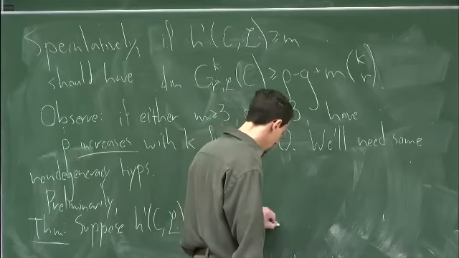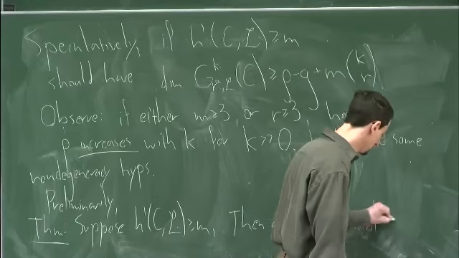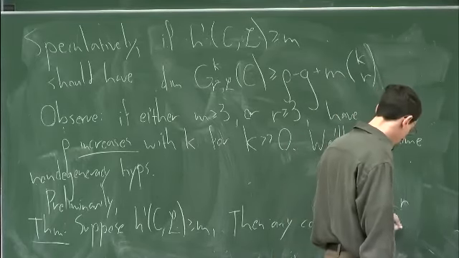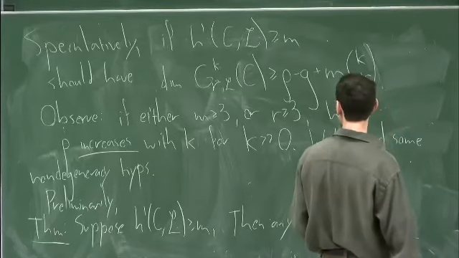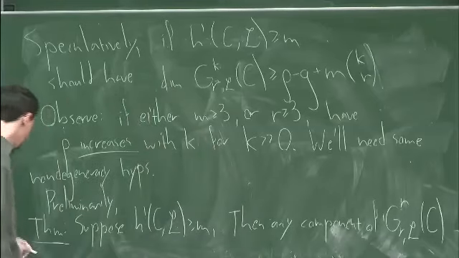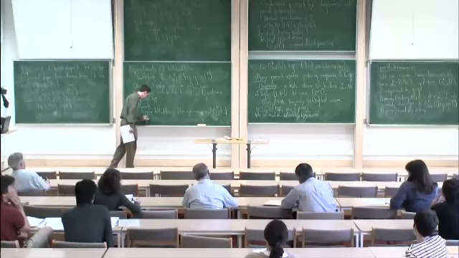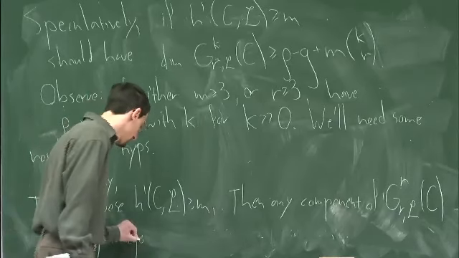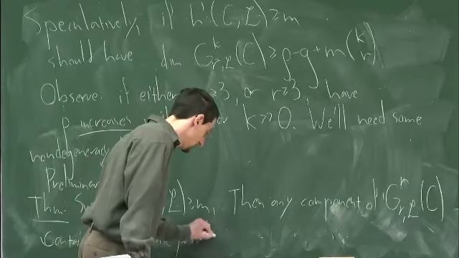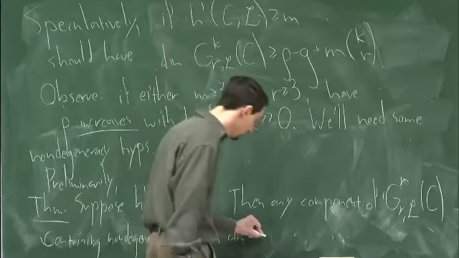So then any component of the space G^r, so now we let k be r, which is the smallest interesting case here, containing non-degenerate pairs, which I'll say what I mean by that in a second, has dimension at least the same formula as before.